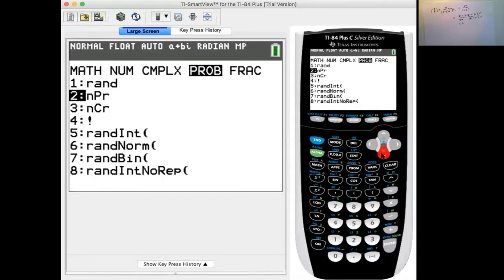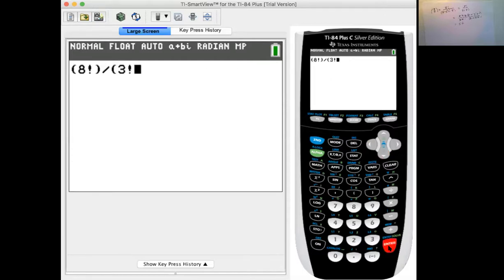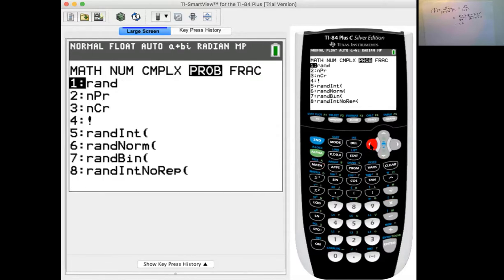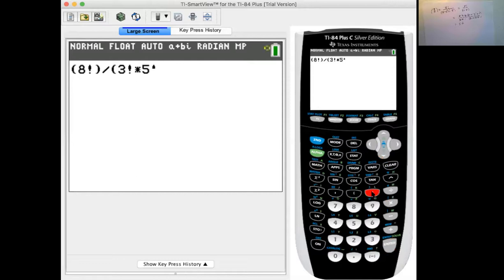3 math, PRB, 3 factorial, 5 factorial, or times 5 factorial, just for emphasis. 5 math, PRB, probability. So now I have 8 factorial divided by 3 factorial, 5 factorial, and it gives me 56. But there's a faster way to get there.